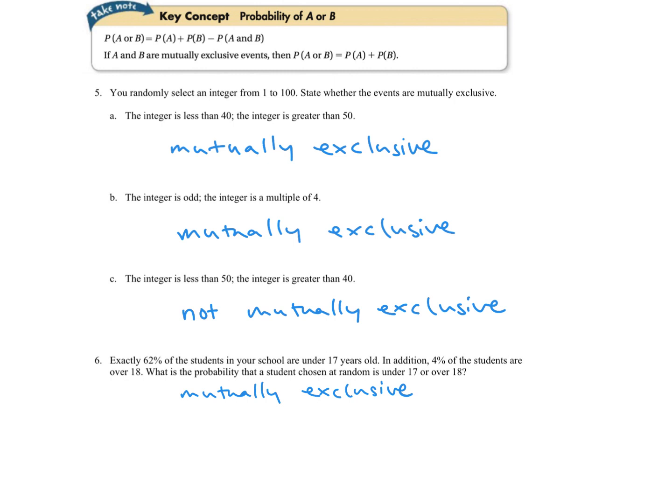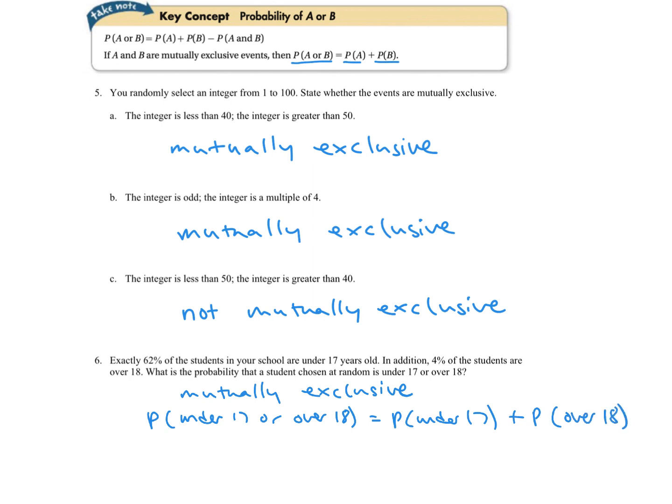And when two events are mutually exclusive, if you look up at the top, the probability of event A or B is just going to be the probability of event A plus the probability of event B. So the probability of a student being under 17 or over 18 is going to be the probability that a student is under 17 plus the probability that a student is over 18.